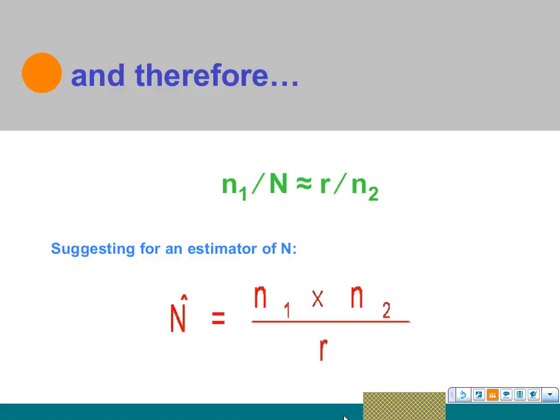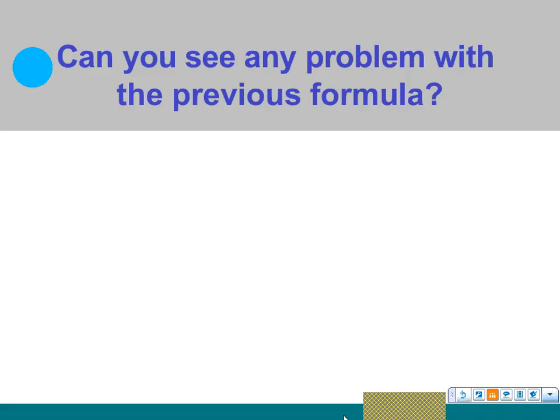You might not get any of the marked individuals in the second capture, so R can be 0. Is that correct? Yes, so this little r can actually be 0.